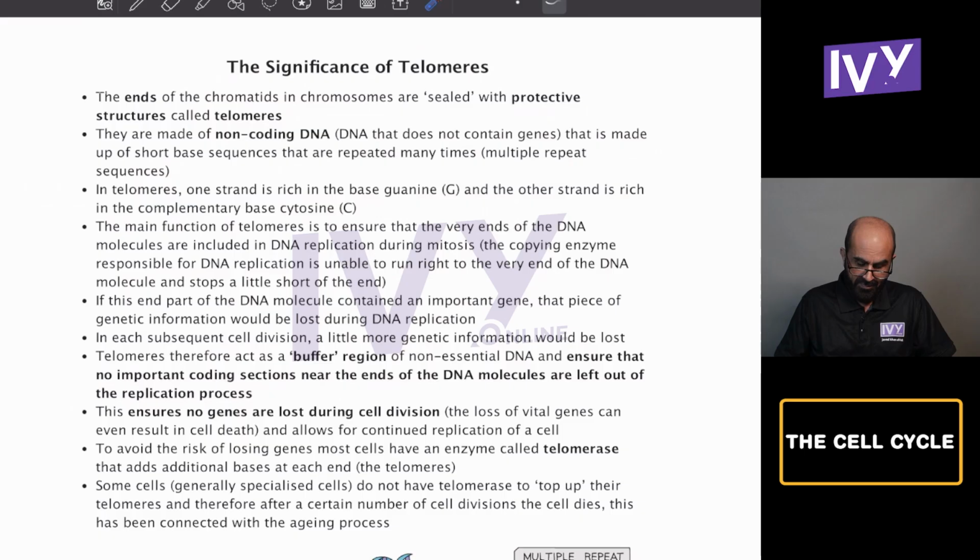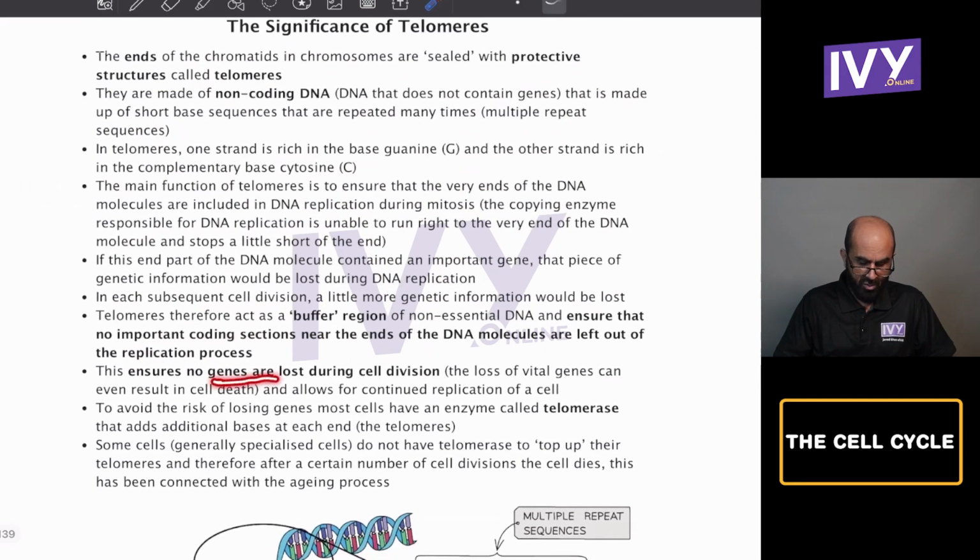What does it mean? It means the telomere ensures that no important coding section near the ends of the DNA molecule is left out, because this is the non-essential part and it protects the essential part of the DNA. This ensures no genes are lost during cell division. The loss of vital genes can even result in cell death, and this allows for controlled replication of the cell.